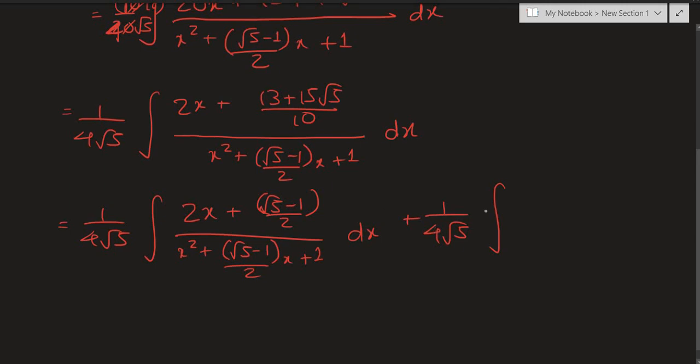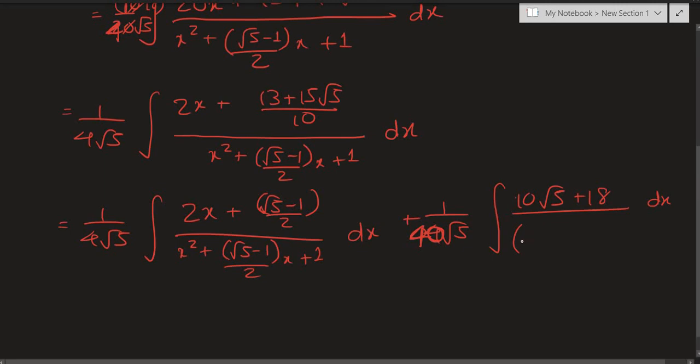So factor of 10 in the denominator. So 4 root 5 times 10 is 40 root 5, and I'm doing the algebra for you. So 10 root 5 plus 18 divided by, and a dx, we have x squared plus root 5 minus 1 divided by 2 x plus 1.